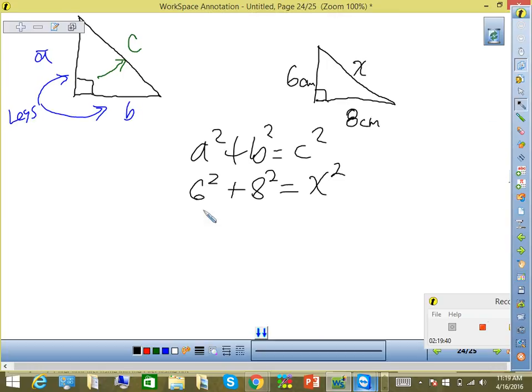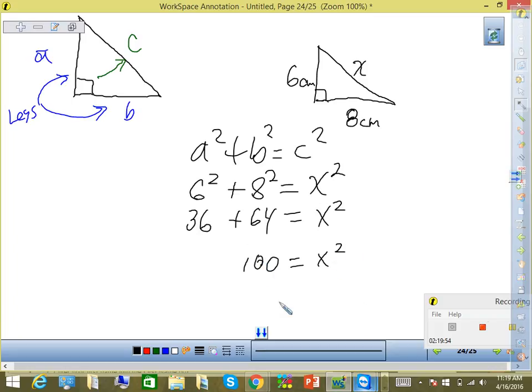So what is 6 squared? 36 plus 8 squared equals X squared. So 36 plus 64, that's 100, equals X squared. Now, this is very similar to inverse operations. Here we don't have a plus, minus, multiplication, or division, but we have a square. What cancels a square? A square root.